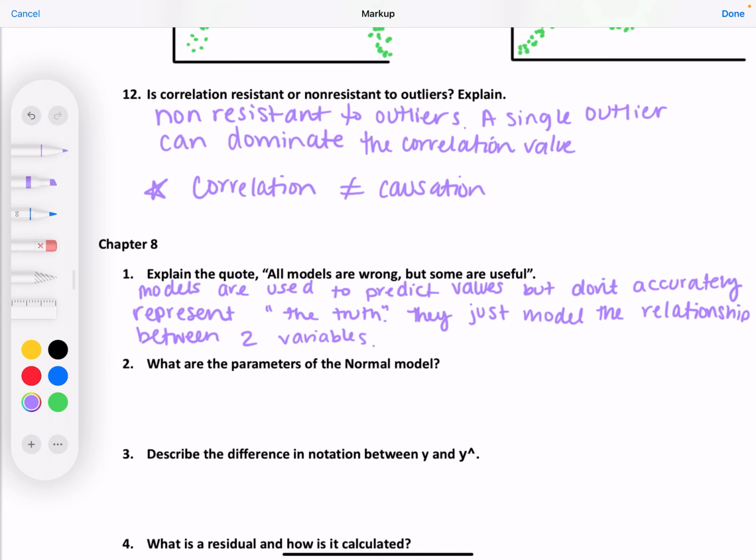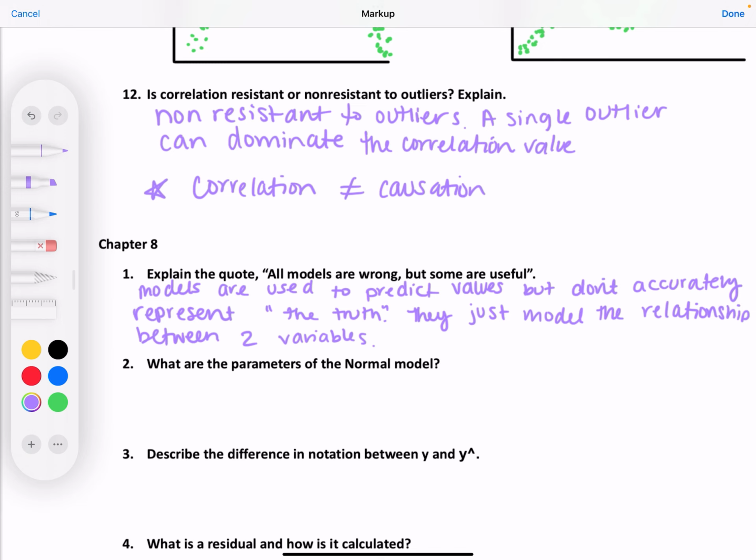We usually write something in there. Y hat. No. Beta, theta.